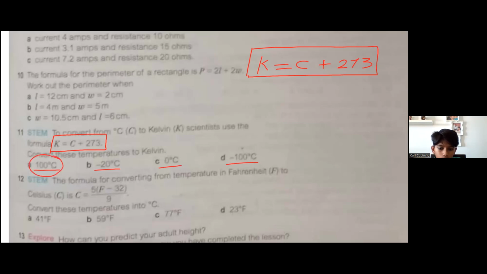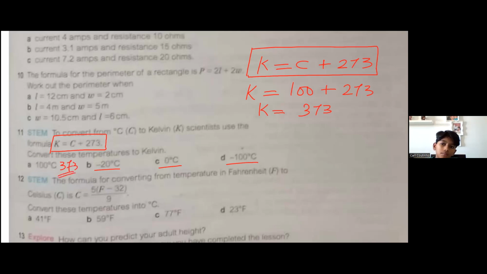What value will there be for Kelvin if the temperature is 100 degrees Celsius? Instead of C, we'll put 100, plus 273 is already there. So K will be 100 plus 273, that is 373. Like this, you have to find for all of these, right?